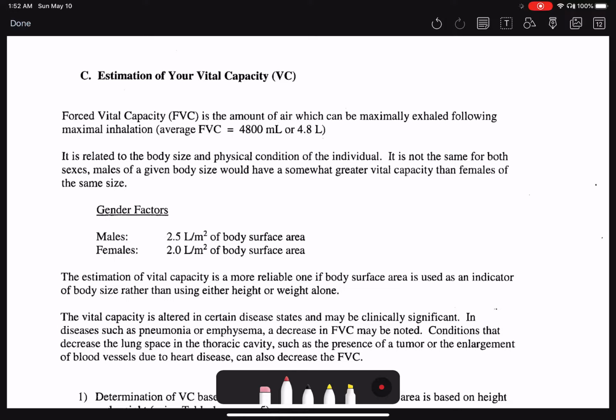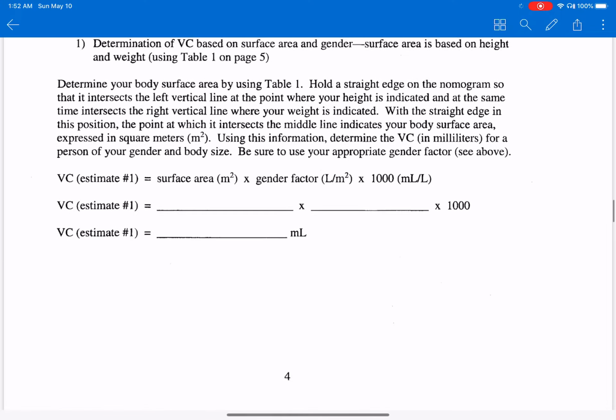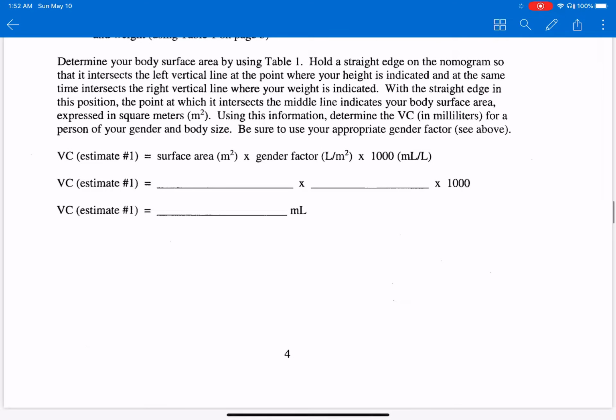So then I'm going to multiply my surface area by that gender factor, and then multiply that by 1,000. The whole number that we get from multiplying those two variables is going to give me my estimated forced vital capacity. Does that make sense to everybody?